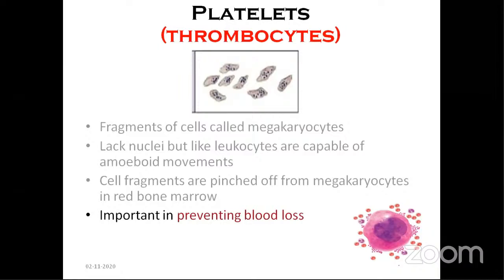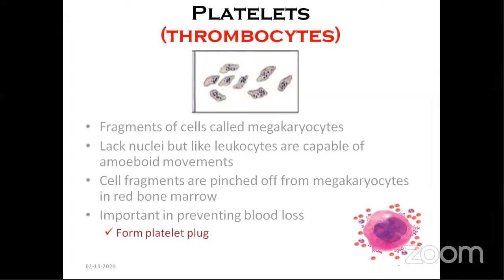Whenever there is damage to any blood vessel, or any injury or trauma to the body, they prevent blood loss, and they achieve this by forming a very minute but very effective platelet plug.